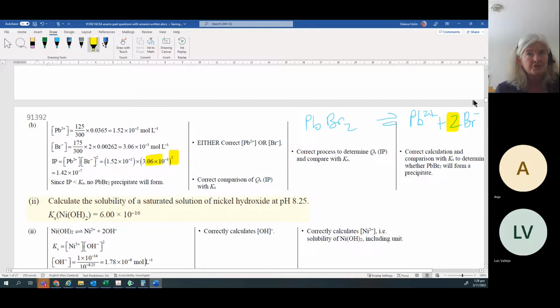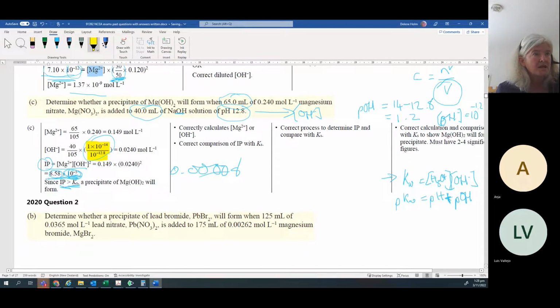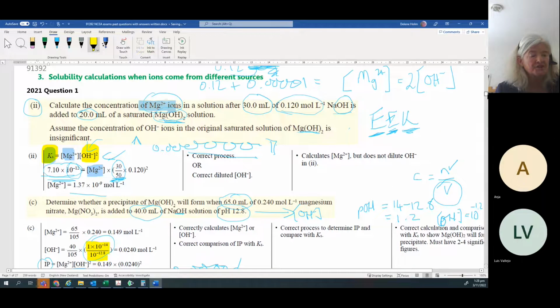So let me just go over here. If you've got, where's the one with sodium hydroxide? You've got to be careful. You can't multiply by 2 if your sodium hydroxide is coming from a different source to the magnesium hydroxide.